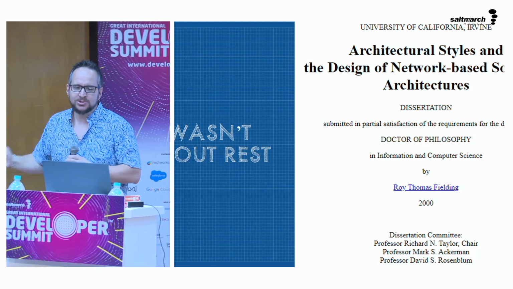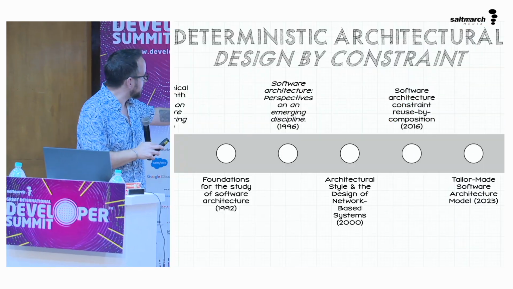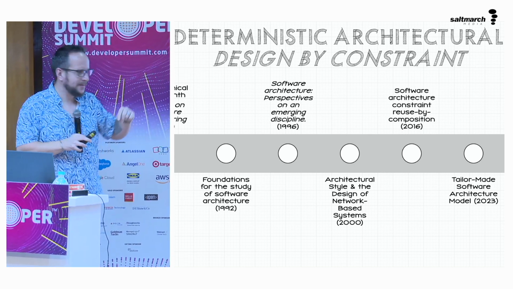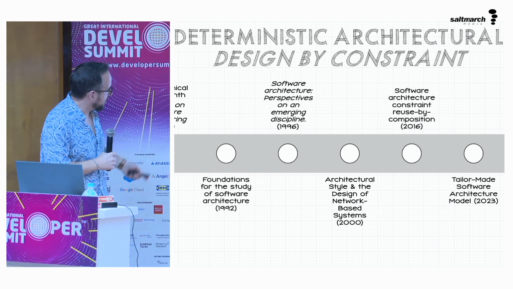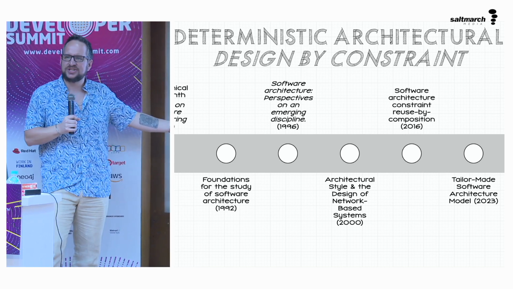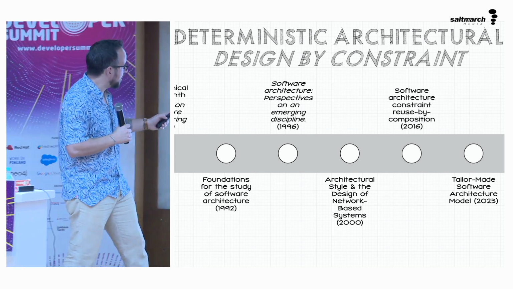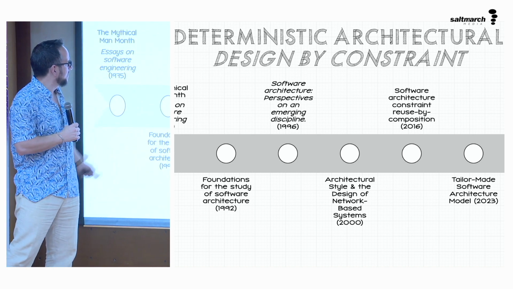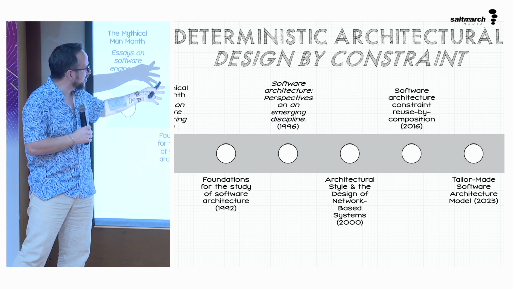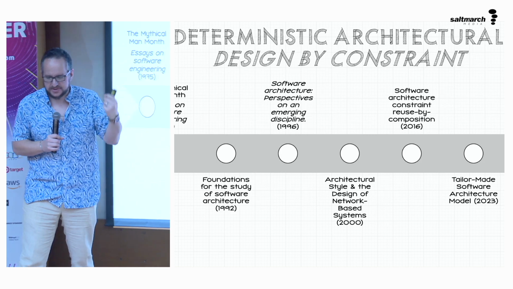And it's not new. It goes all the way back. We talked about Fred Brooks, 1975. But Perry and Wolf in 1992 were talking about this idea of architectural constraints, a big influence on Roy Fielding's work. 96, Perspectives on an Emerging Discipline. 2016, there's another paper on this.